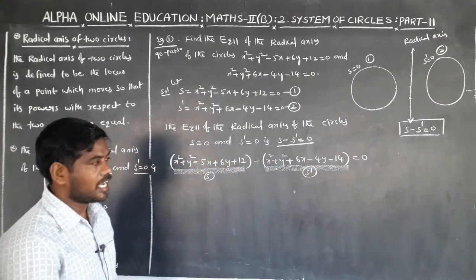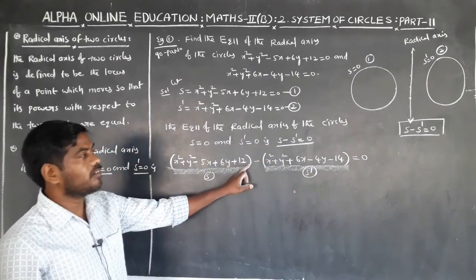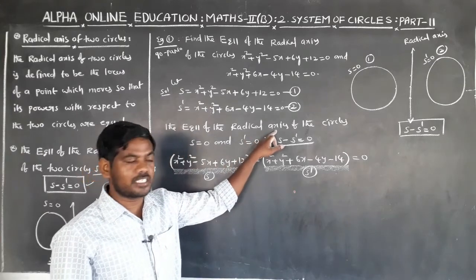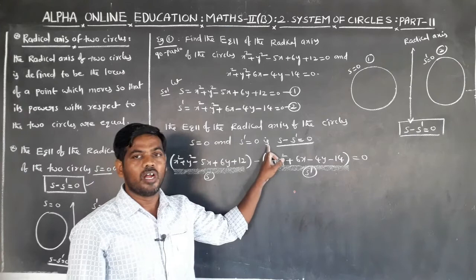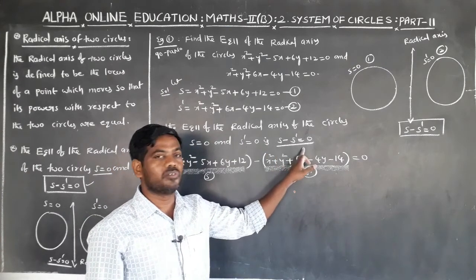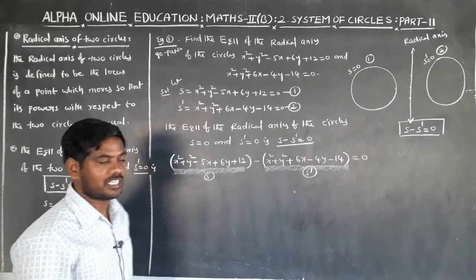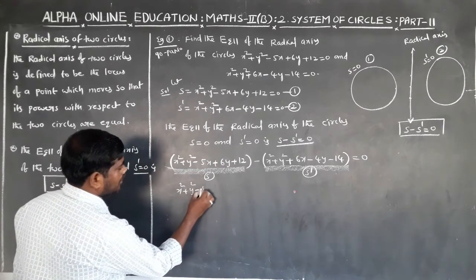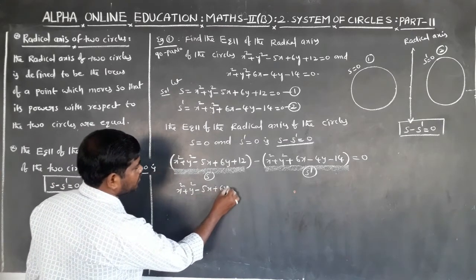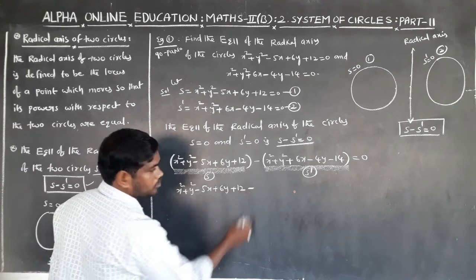Here the equation of the radical axis of the two circles S is equal to 0 and S dash is equal to 0 is S minus S dash is equal to 0. x square plus y square minus 5x plus 6y plus 12.